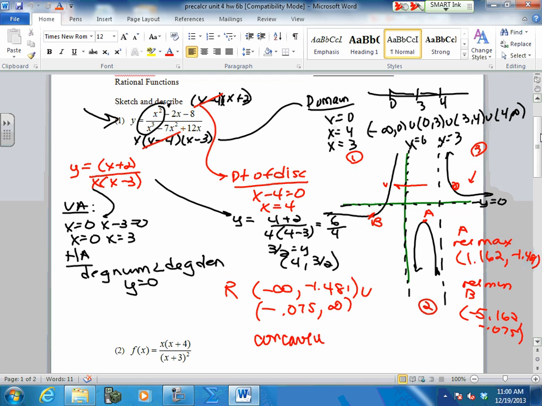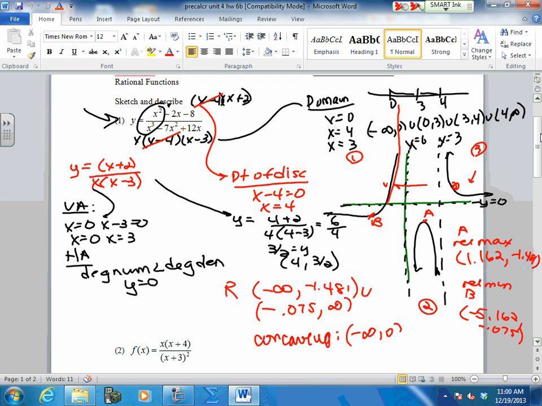Concave up. Where am I concaving up from? Look at section 1. Give me the x values. To when? Where do I stop when I concave up here? 0.